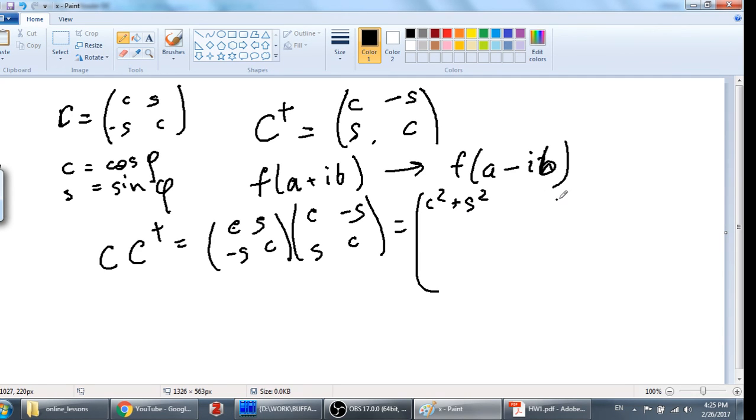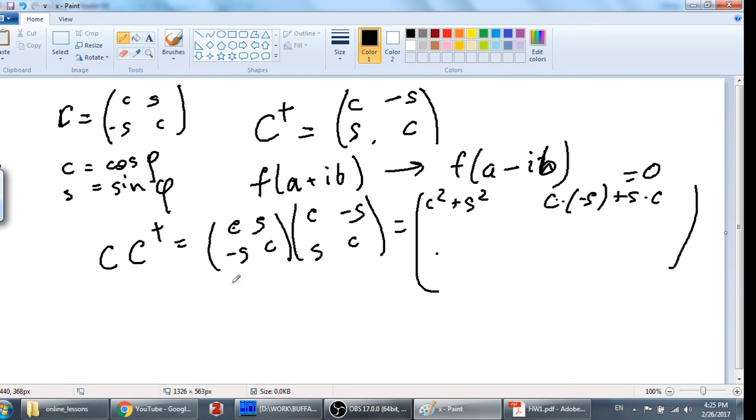For this element, this row and this column: C times minus S plus S times C, which actually gives you 0.